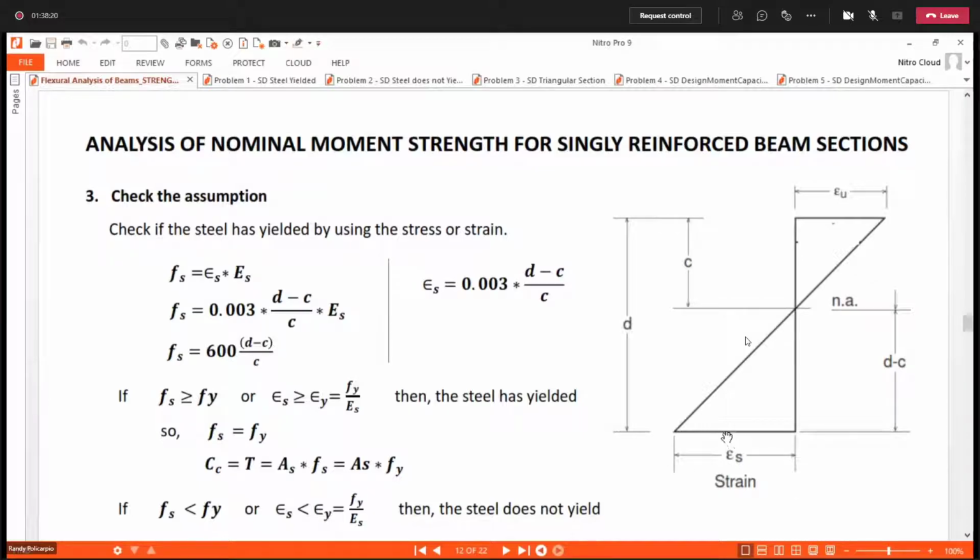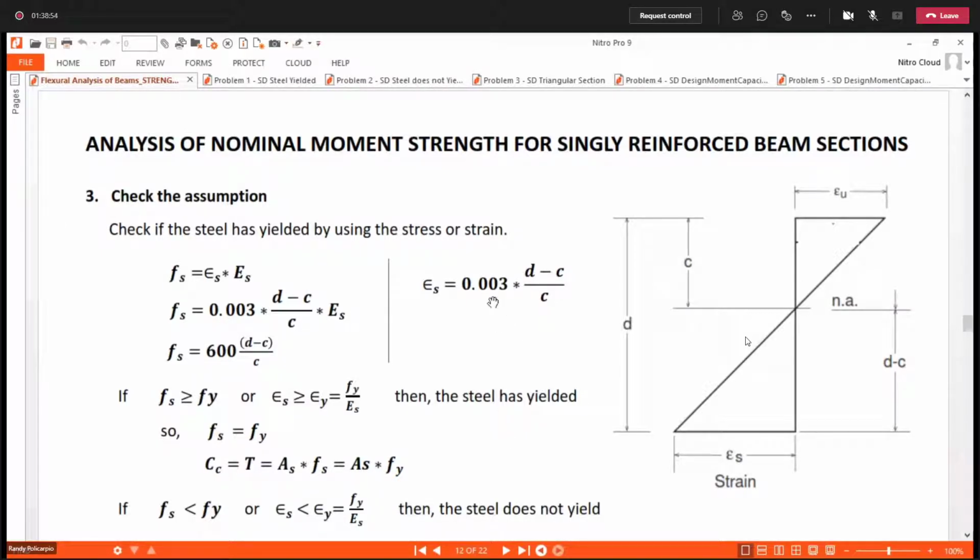So generally it is epsilon C. Okay, so by ratio and proportion, we have this epsilon S, relating it to epsilon U. Remember, epsilon U, or epsilon C, ang mga designation natin dito, epsilon C or epsilon U. Basically, it is maximum. It is equal to 0.003.